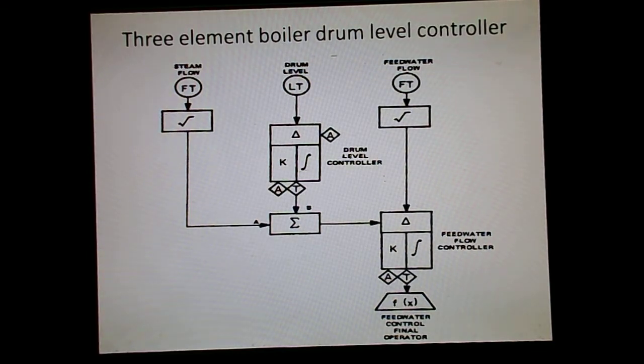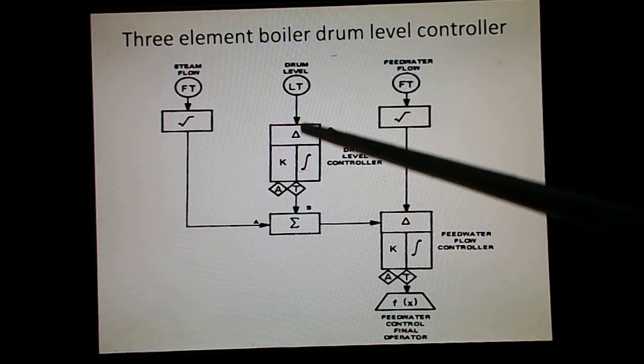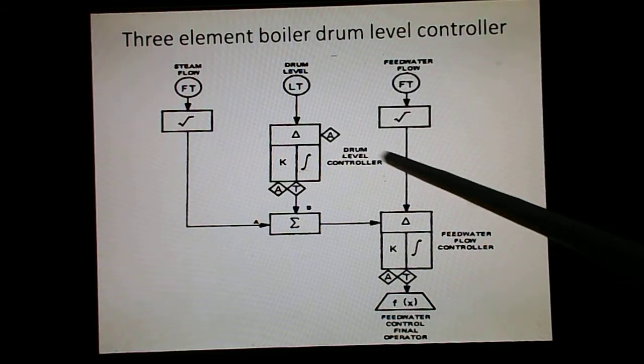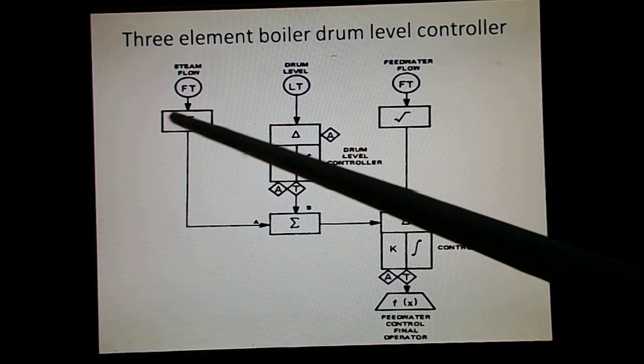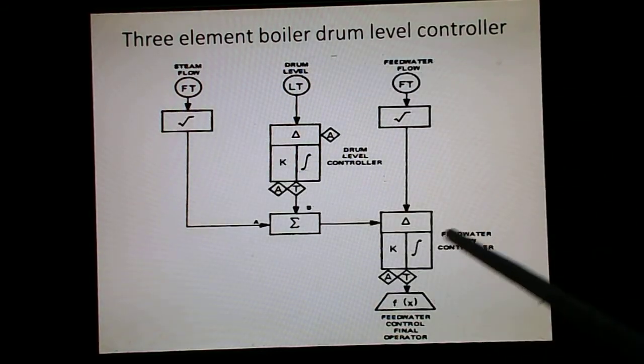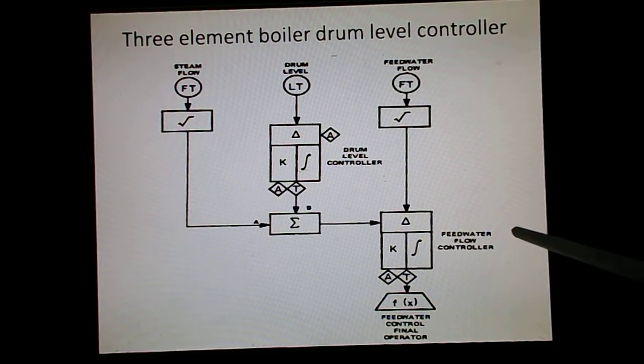To avoid this situation, you have to have a drum level controller which gives a trim signal to this steam flow signal. So steam flow plus the trim signal goes to the feed water controller, and the feed flow is regulated in such a manner that the drum level is maintained.